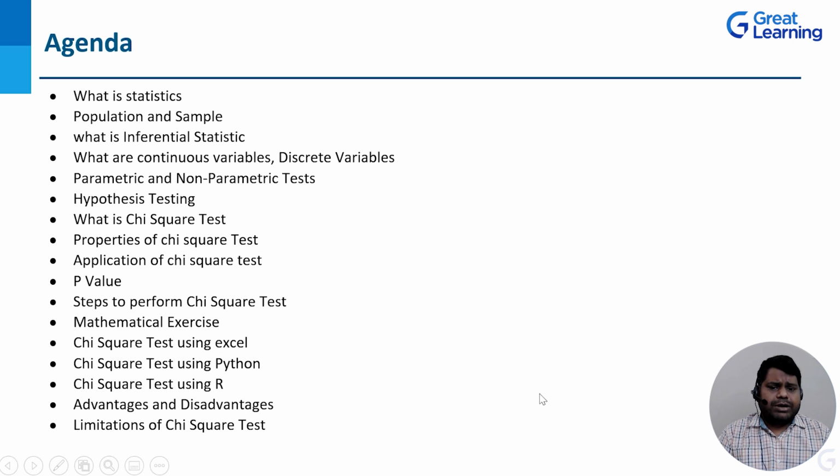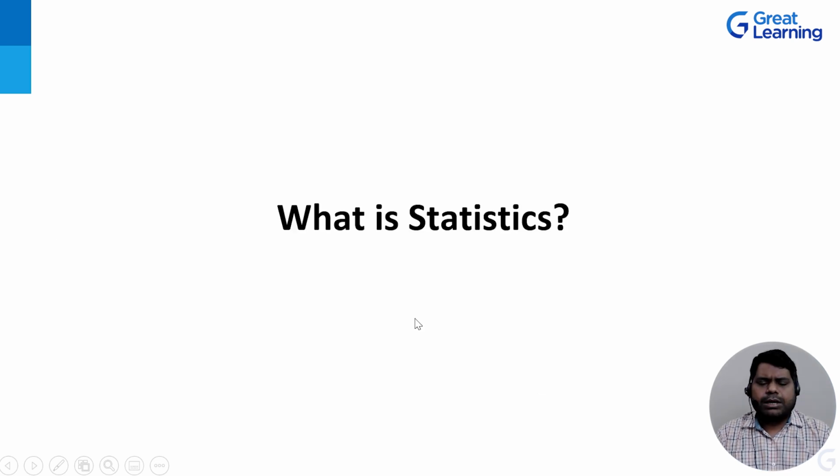Then we will do some mathematical exercises. What are the advantages and disadvantages of the chi-square test, and limitations of the chi-square test. So without wasting any time, let's get started. Let's hop into our first topic.